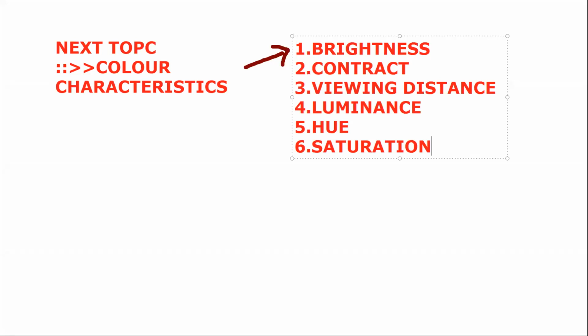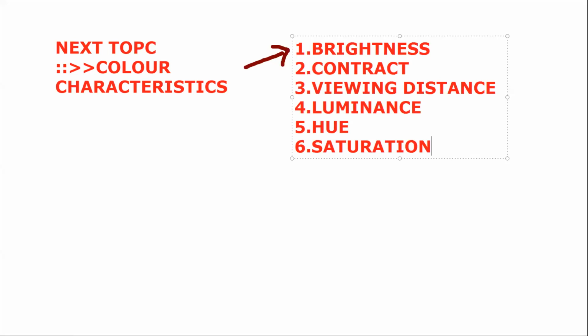Saturation may be taken as an indication of how little the color is diluted by white. For example, vivid green is fully saturated, and when diluted by white it becomes light green.